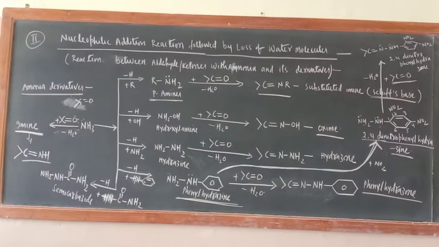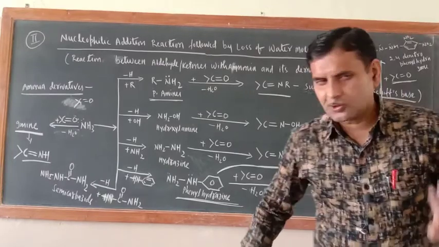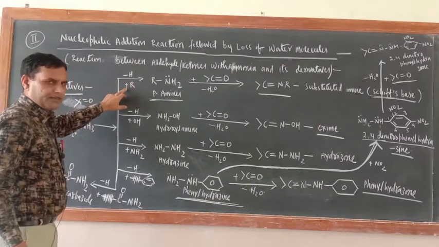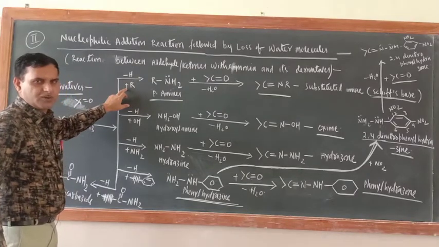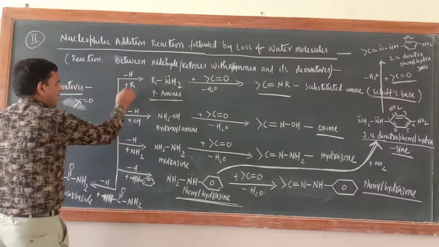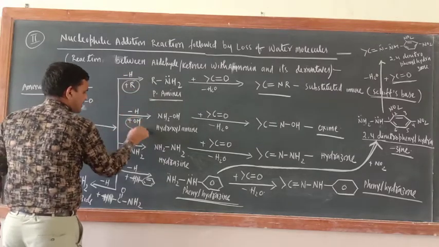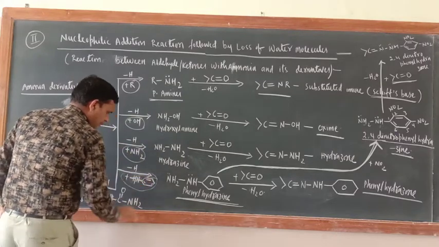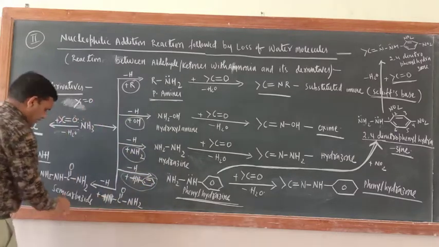Okay, in the NCERT book they have used the letter Z, so don't get confused. Whatever I am putting here after the plus, they are the Z only. Meaning from ammonia one H has come out and this R is added. Here OH is added, NH2 is added, here this group is added. Now in this case, one more ammonia derivative is there.